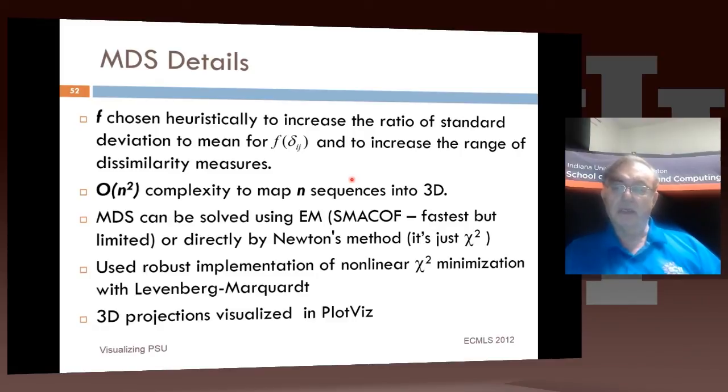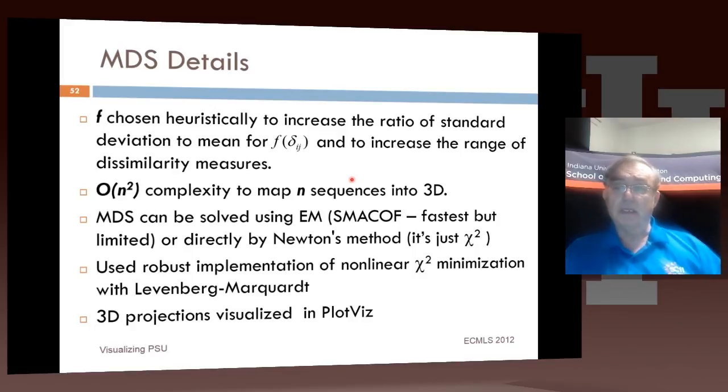And as long as we choose a mapping function f which is monotonic, we preserve what we want, because there's no obvious reason why the raw distance is the one we map to the distance in 3 dimensions. Any monotonic function of that raw distance can be used.